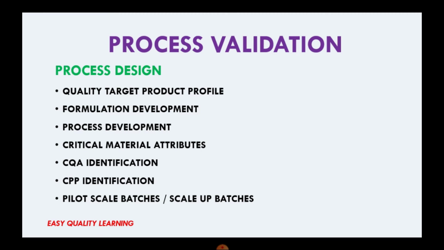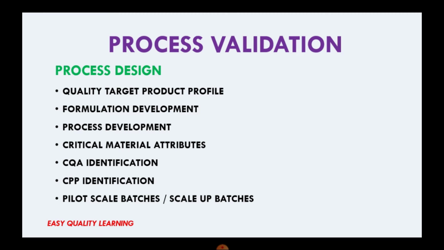These three parameters are very, very important, and we understood the definitions of these parameters also. They need to be identified during your formulation development and process development. What are those three parameters? Your critical material attributes, CQA identification, and CPP identification.